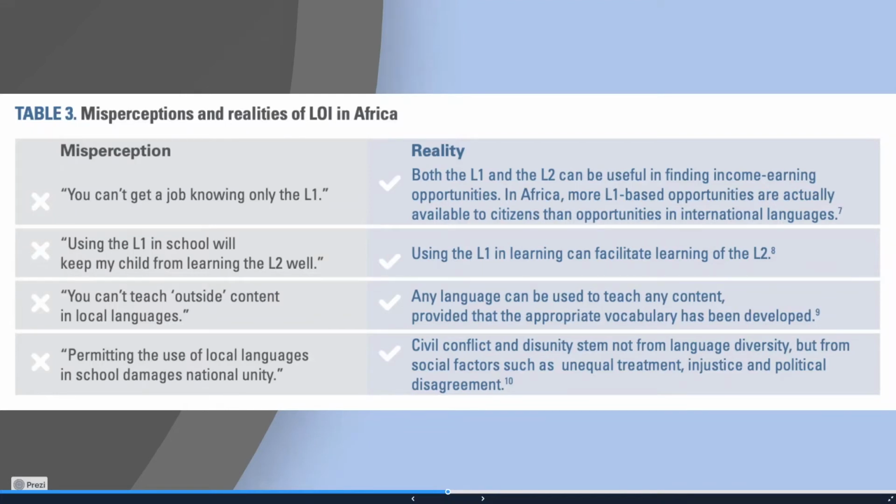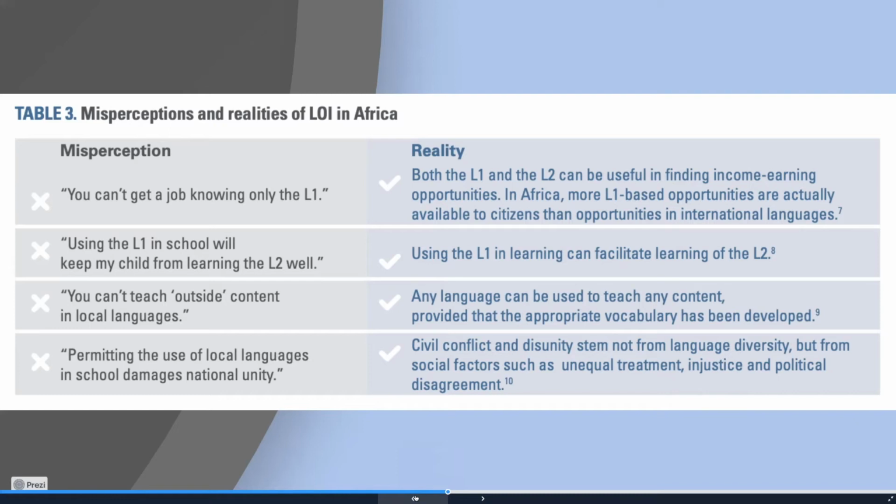Now, the truth is, in Africa, many more learning opportunities are available based on local language fluency, as opposed to fluency in international languages. Another misperception: first language in school will keep my child from learning the second language well. Well, the truth is that using the first language in learning can facilitate learning of the second language and of other subjects as well.